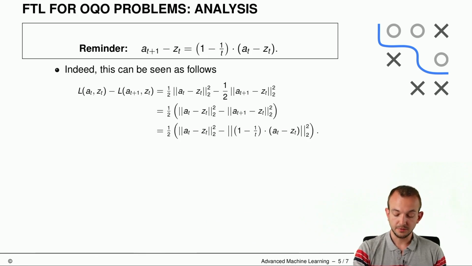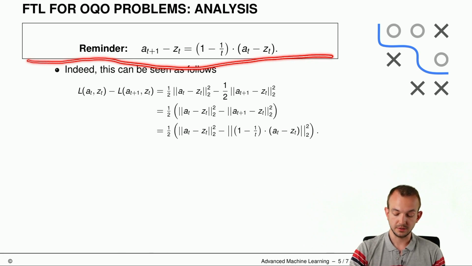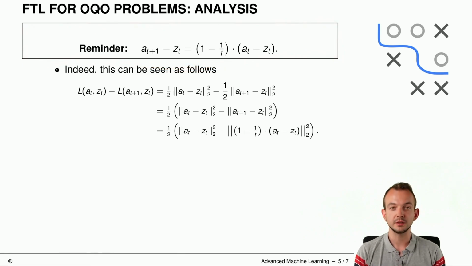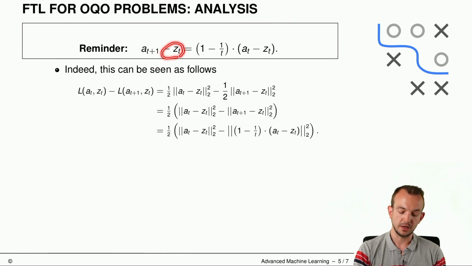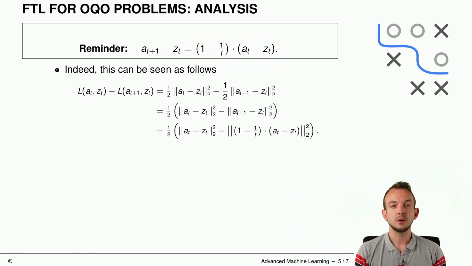All right, so let's again put something in our short-term memory box, namely this convenient way to express the difference between the action in time step t plus 1 and the environmental data point in time step t in this way. And now we can show the claim we saw before in the previous slide as follows.